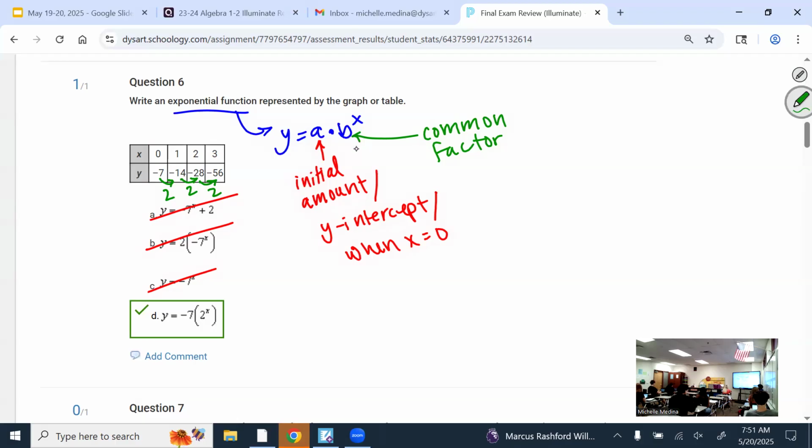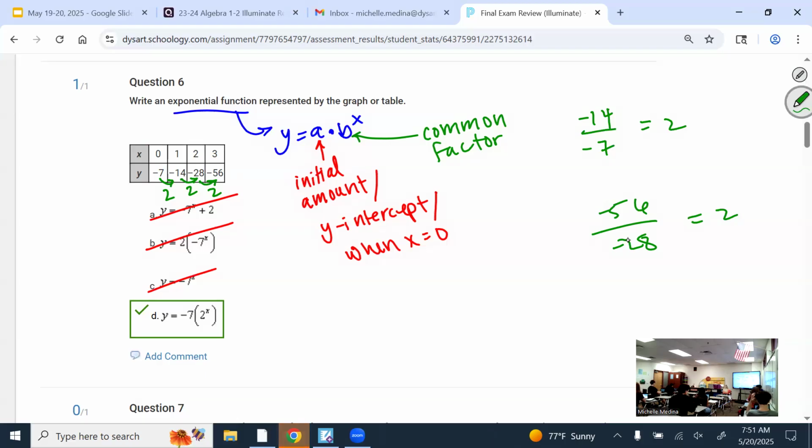If it's hard for you to see the common factor, especially in decay functions, take a number and divide it by its previous number in the y's. So -14 divided by -7 is 2. If I took -56 divided by -28, also 2, right? So that's my common factor.